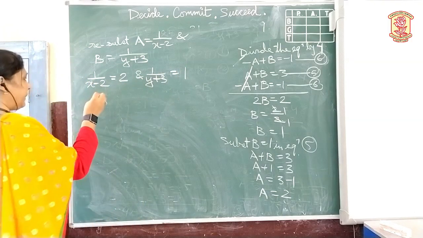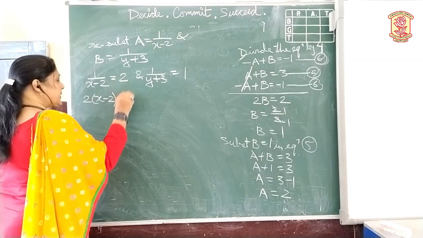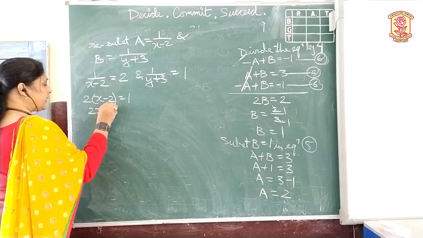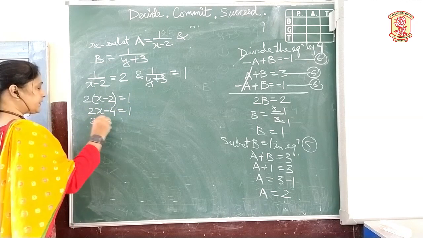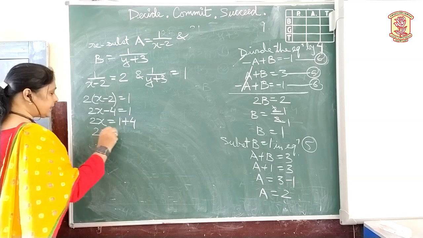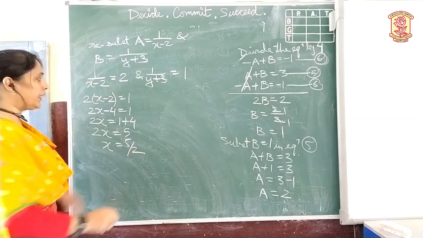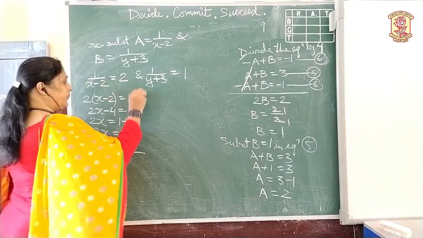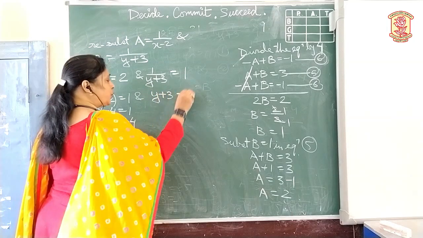Now cross multiply, so we get 2 into x minus 2 equals 1, 2x minus 4 equals 1, so we get 2x equals 1 plus 4, so we get 2x equals 5, so x will be 5 upon 2. Now we'll calculate y, and so cross multiply, so we get y plus 3 equals 1.